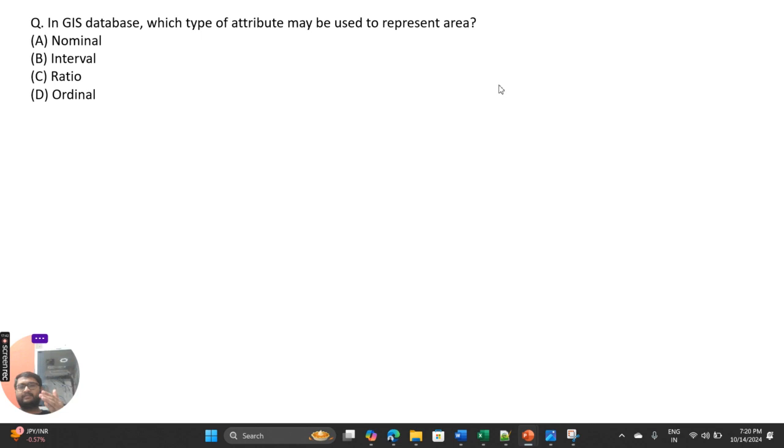So these are the different attributes which we are putting in a shape file, and they have some classification: if the attribute has such kind of value, it is classified under one category, and if it has another kind of value, it is classified under another category. So if we want to represent area, which kind of attributes should we use?